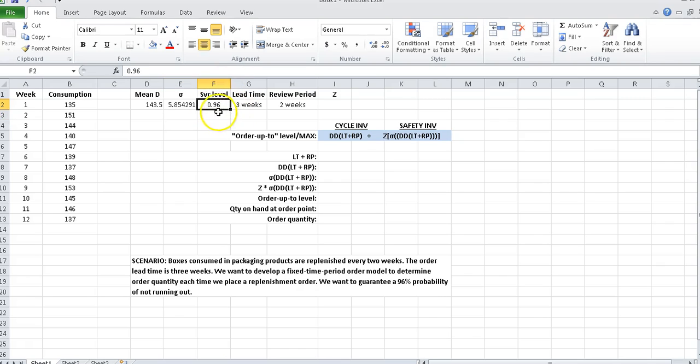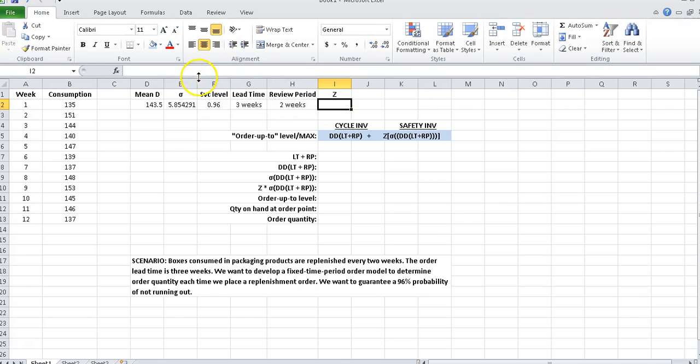Now our service level, or in-stock probability, we've set at 96%. So we need to figure out a z-value that corresponds with a probability of 96%. Remember, z is our multiplier that we will use with standard deviation to achieve any particular probability of getting results within the limits and not outside of our limits.